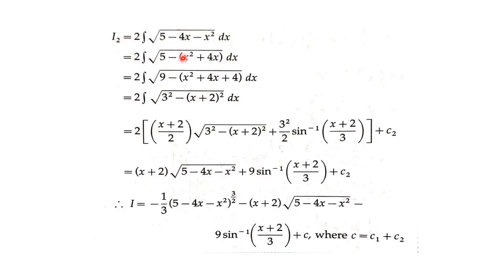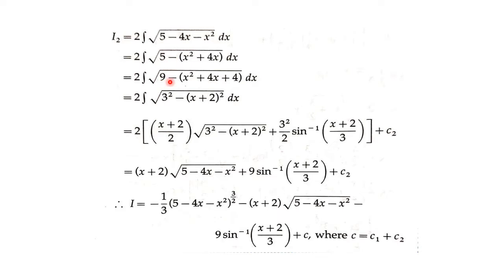Now we have learned about the addition of the third term, how to add it. We have to take the coefficient of the middle term into half and its square. The coefficient of the middle term is minus 4, into half, that is minus 2, but bracket square is again 4.